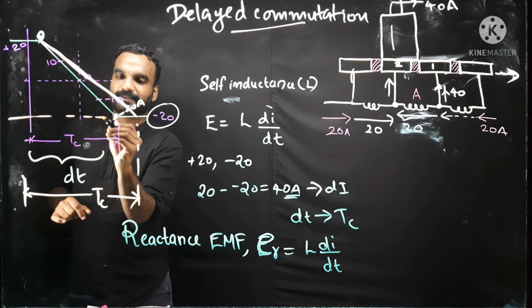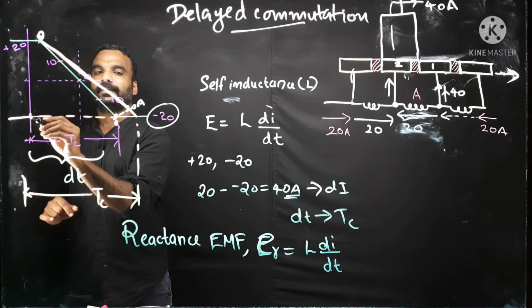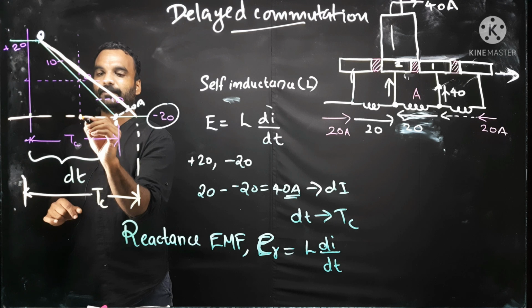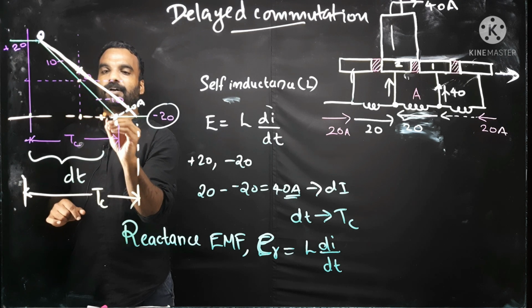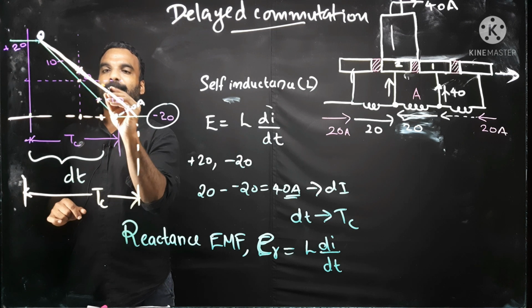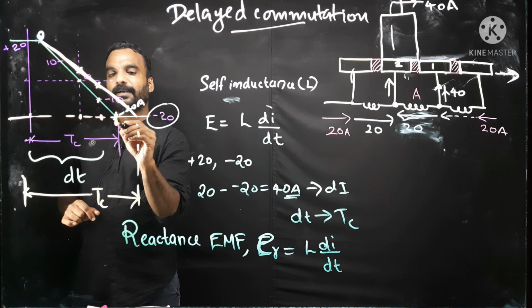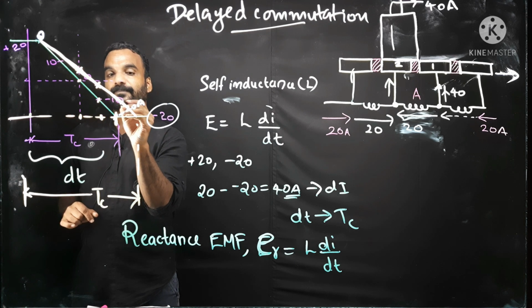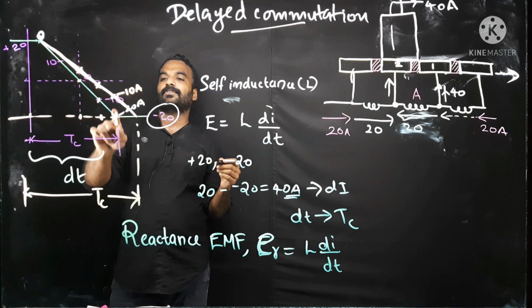Take this as an axis, this is the time axis. At this point, previously it was 0, but now it is not 0. At this point, previously it was minus 10, but now it is some minus 2 or 3. And at this point, previously the current was minus 20, but now it is very close to minus 10 ampere. You can see the difference.